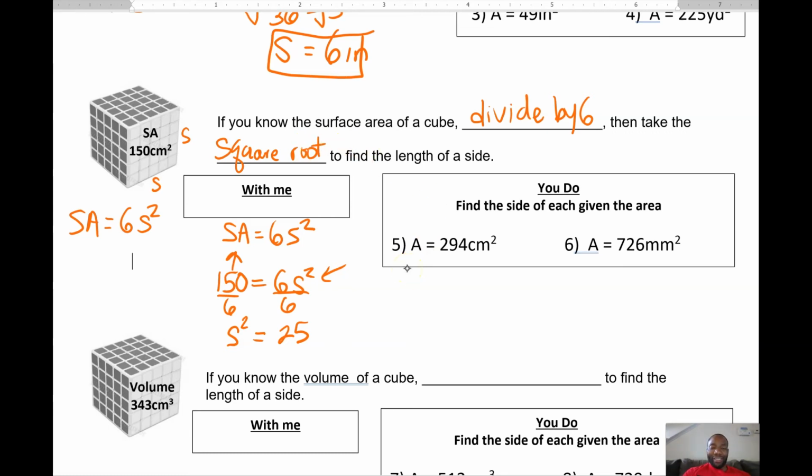Oh, dang. I'm going to do it before I said to do it. Okay, take the square root. s is equal to 5. And it's 5 what? 5 centimeters. And we only use the positive number because there are no negative side lengths.